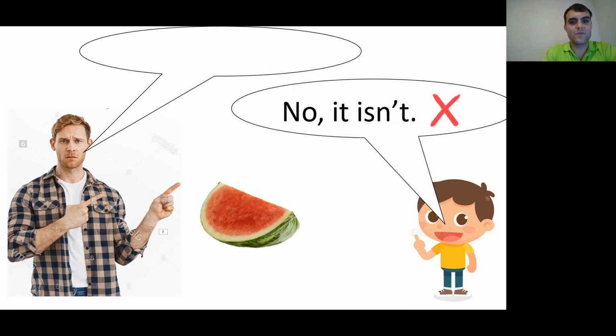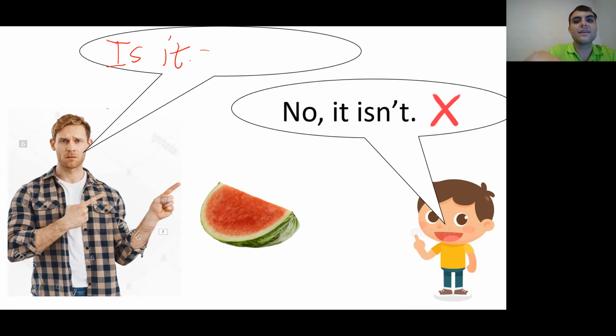All right, what about this one? What's he gonna ask? So I want you to try and think of something right now. Think of something that could fill in this blank up here. What's he gonna say? Right, he might say, is it? It has to be is it, because we're talking about one thing.